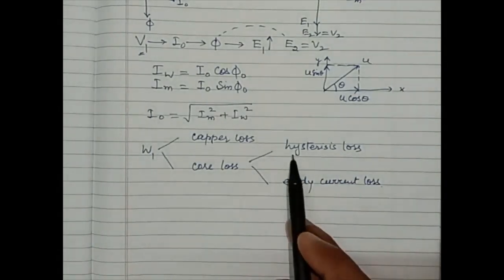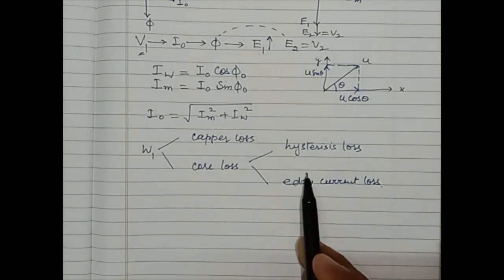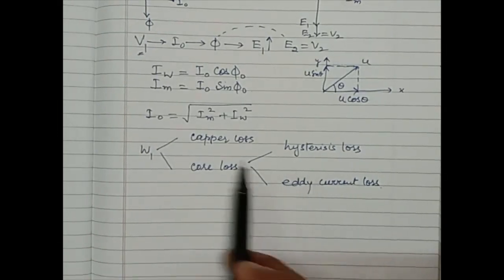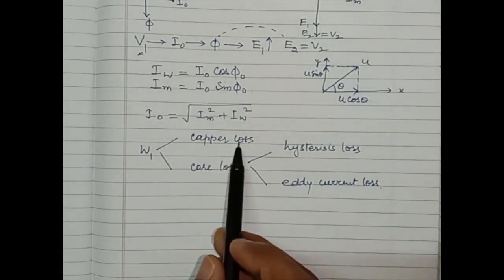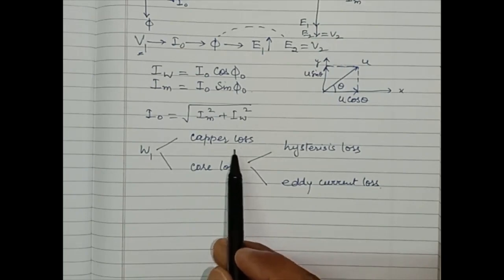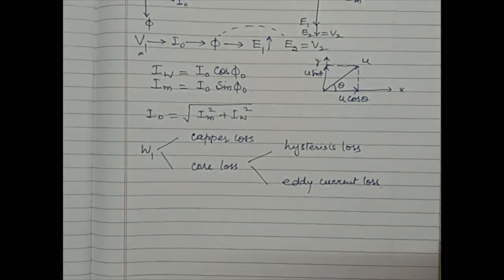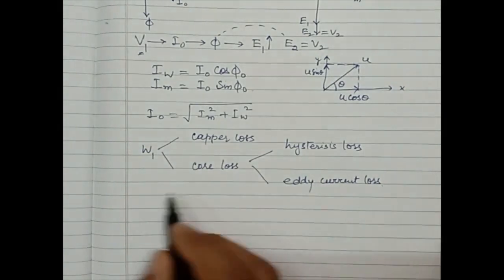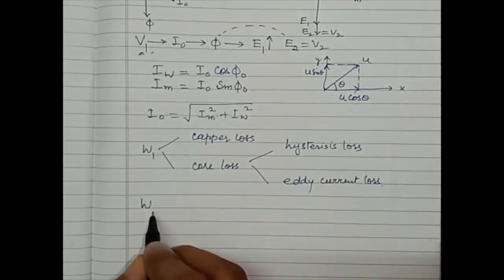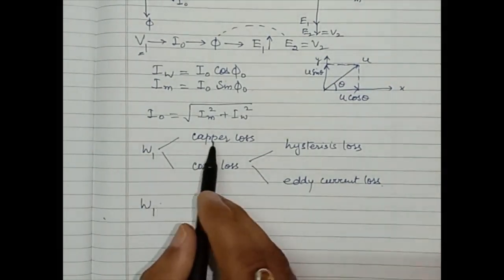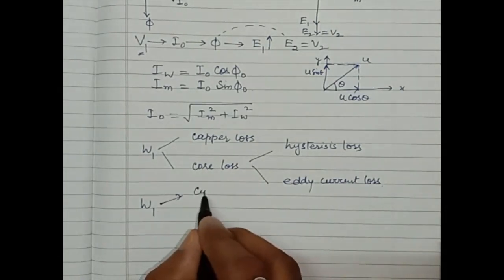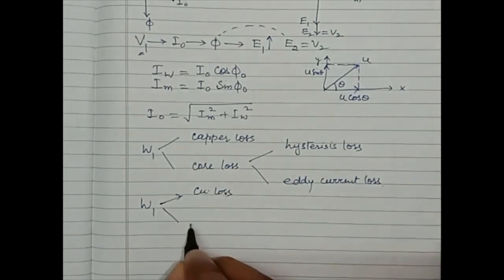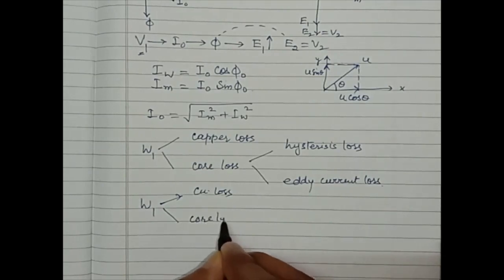The copper loss depends upon the resistance of the winding. So W1 is measuring two things, copper loss and core loss.